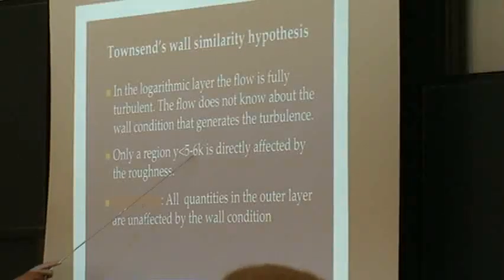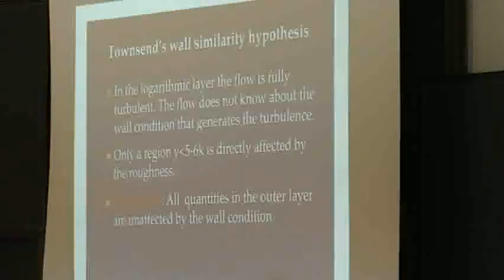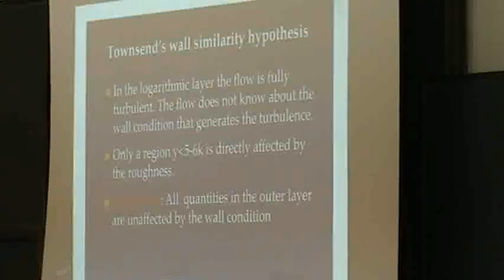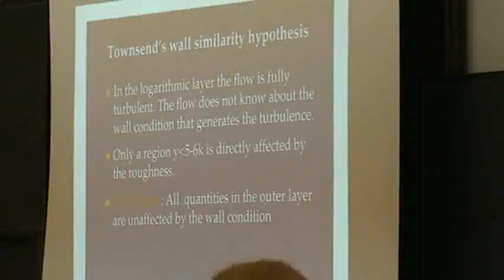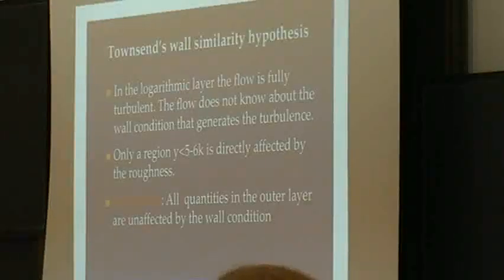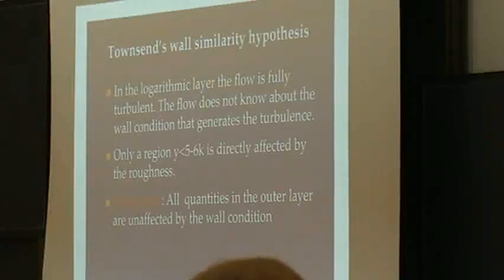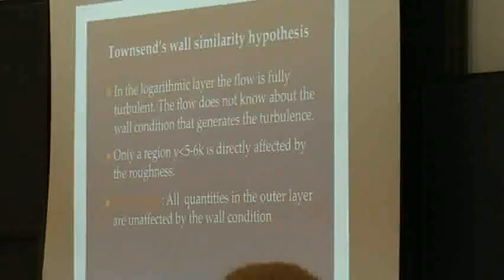And so if you have a roughness which has a roughness height or length scale, okay, you would expect that the inner 5 or 6 k heights will be directly affected by the geometry, but when you get further away, the turbulence will be the same, whether the turbulence was generated by a smooth surface or a rough surface. And this has the implication that in the outer layer, when you suitably scale all your variables, you will get the same plots for all quantities.